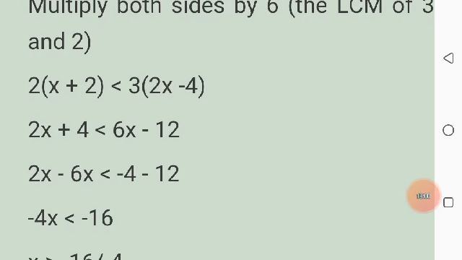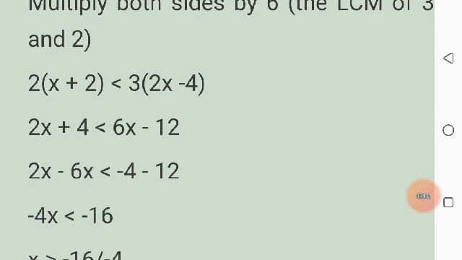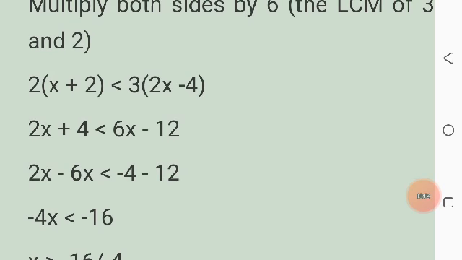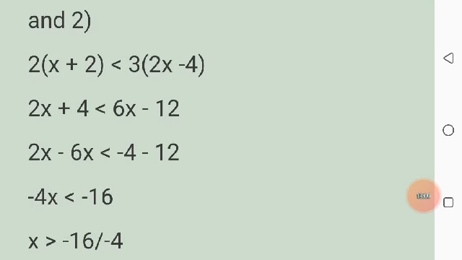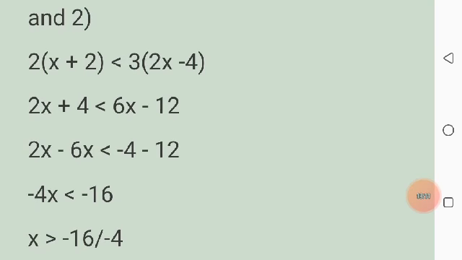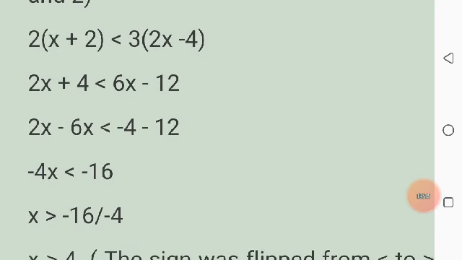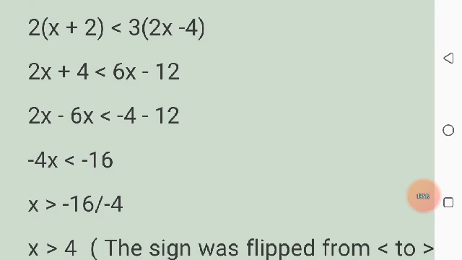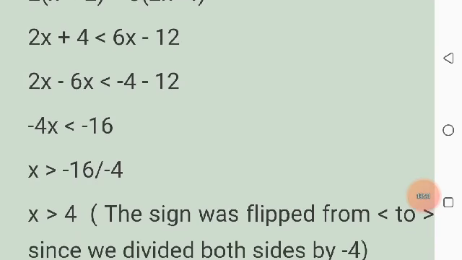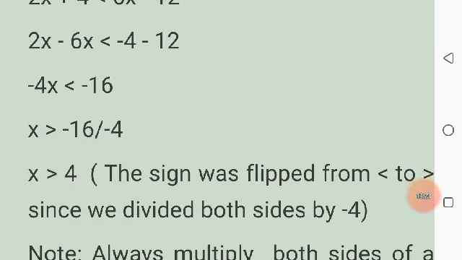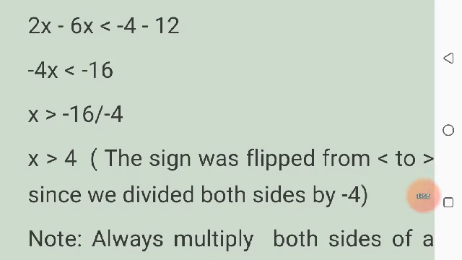Dividing both sides by minus 4, we flip the sign from less than to greater than. So we have x is greater than minus 16 over minus 4. And that gives us x is greater than 4. So the sign was flipped from less than to greater than, since we divided both sides by minus 4.